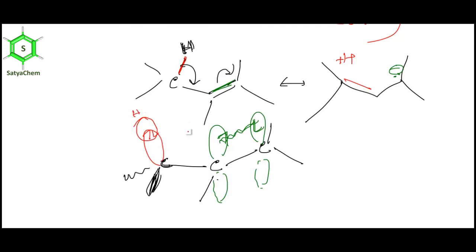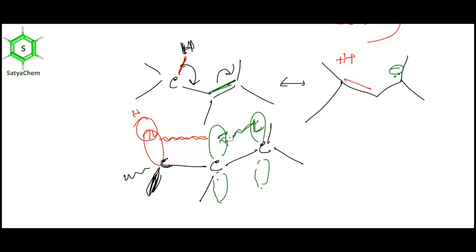Now we are expecting interaction with this p orbital. When these two sigma electrons interact with this p orbital, this interaction will be broken.